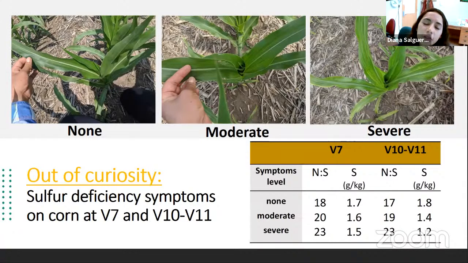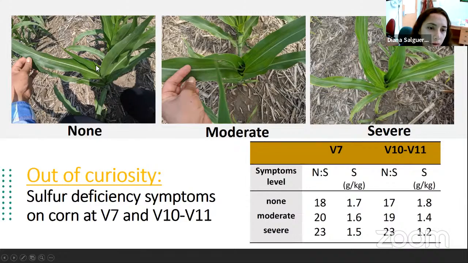So this year we decided to do a sporadic sample to see what the nitrogen to sulfur ratio is in the plants that wouldn't show sulfur deficiency symptoms and the ones that were showing sulfur deficiency symptoms. We went out to the field at B7 and at B7 to B11 stage, and we looked for places where we had these different levels of sulfur deficiency symptoms.